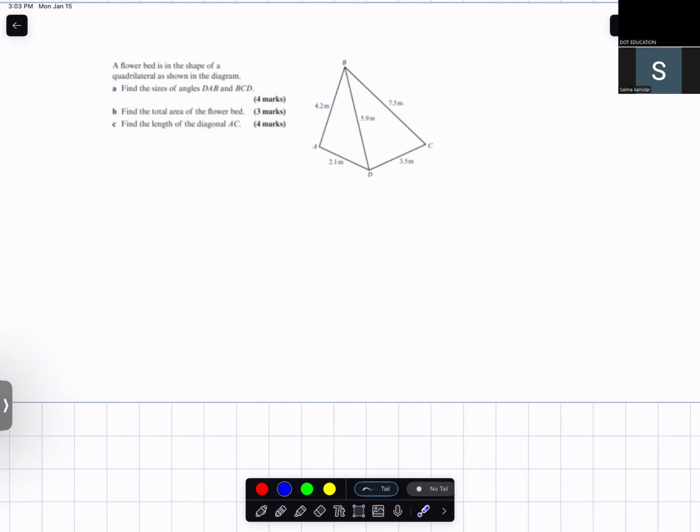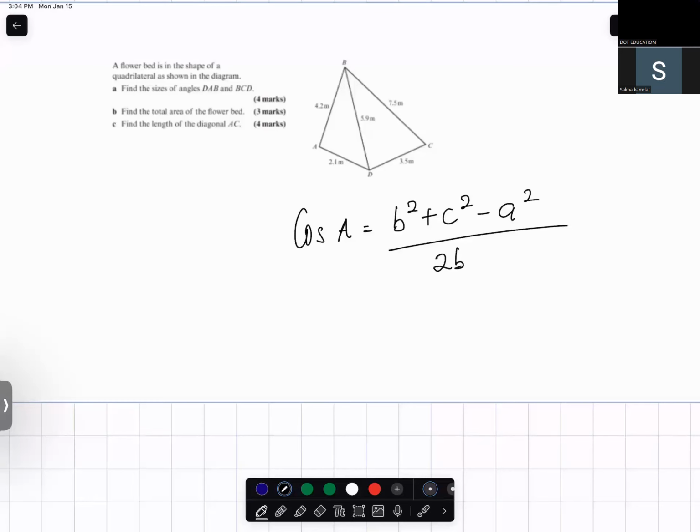If you look at this, we have three sides given to us, and we are looking for our angle marked here. Going to our cosine rule, cos A is equal to b squared plus c squared minus a squared over 2bc.